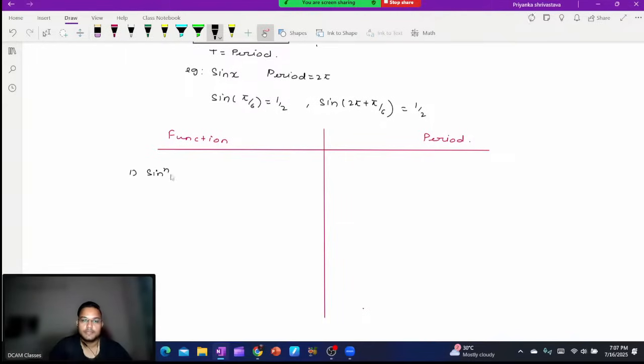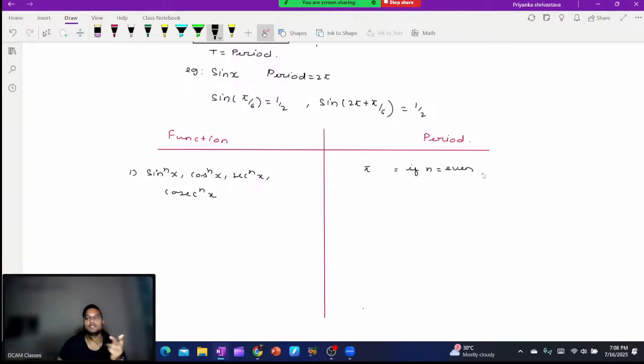Sine power nx, cos power nx, secant power nx, or cosecant power nx: the period is pi if n is even.